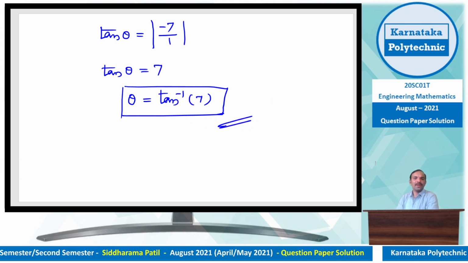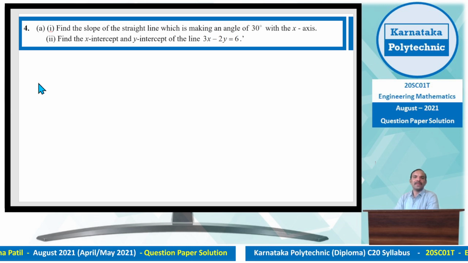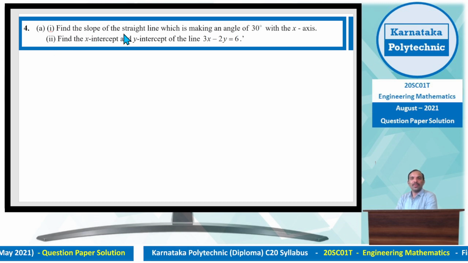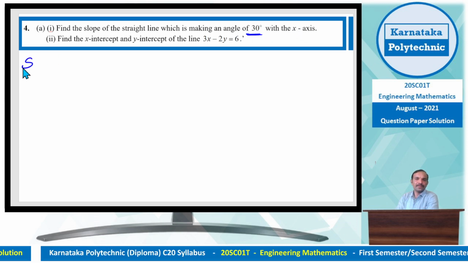Moving to question number 4, the fourth question. It has A bit and B bit, there are two sub bits, that is Roman number 1 and Roman number 2. First, we are going to solve 1. Find the slope of the straight line which is making an angle of 30 degrees with the x axis. Solution.